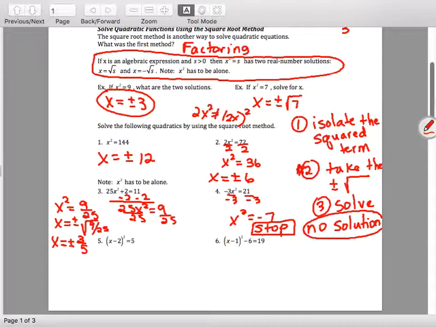All right, now let's move it up a level in number 5. Step 1 is isolate the squared term. Do you understand that x minus 2 is something squared? Okay, now I'm ready to go. This is going to be x minus 2 equals plus or minus the square root of 5. Okay, because I have my something squared.